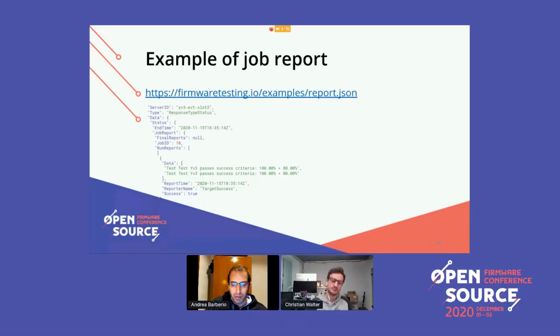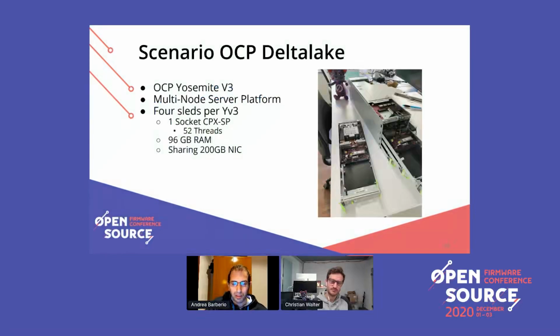So this means that you can actually run multiple types of reports. There is no single source of truth at the end of the job. At this point, I'm going to hand off the mic again to Chris, who's going to talk about the scenario with the OCP Delta Lake.